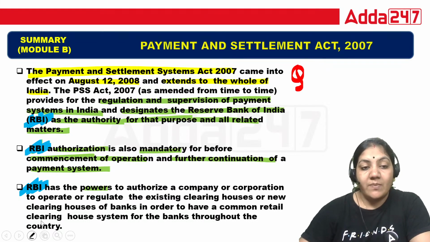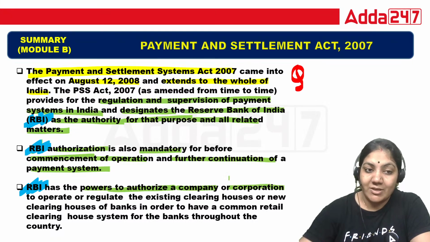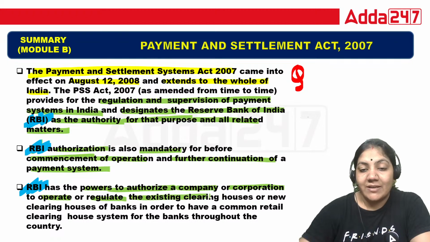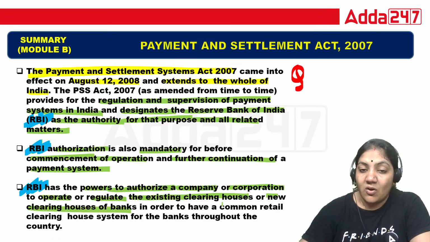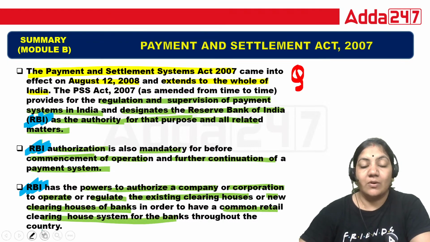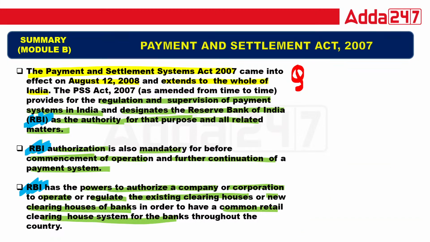Now RBI has the power to authorize a company or corporation to operate and regulate the existing clearing houses and the new clearing houses of banks, in order to have a common retail clearing house system for the banks throughout the country. So this paragraph is very much important from the examination point of view also. Please see this one.